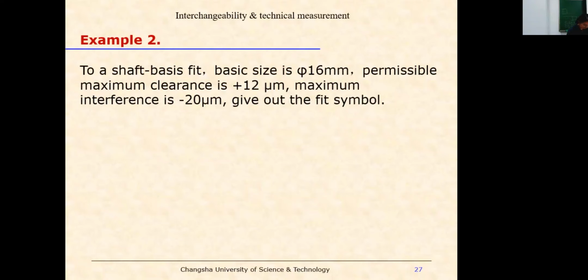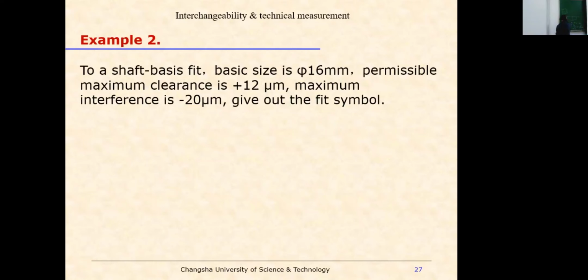Yes, you choose K, M, N. But the H is... follow me. The KM. So that's for the hole like this one. Transition is this one, right?